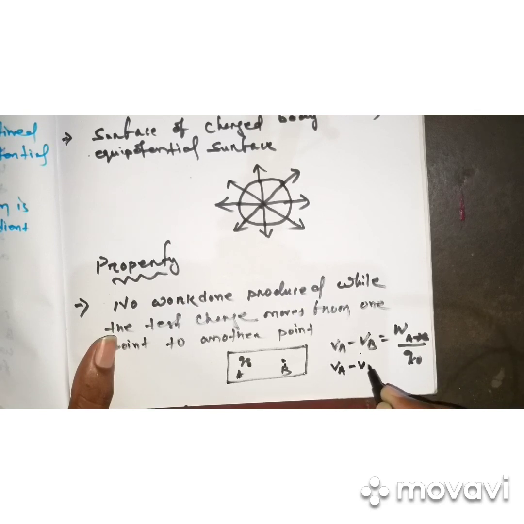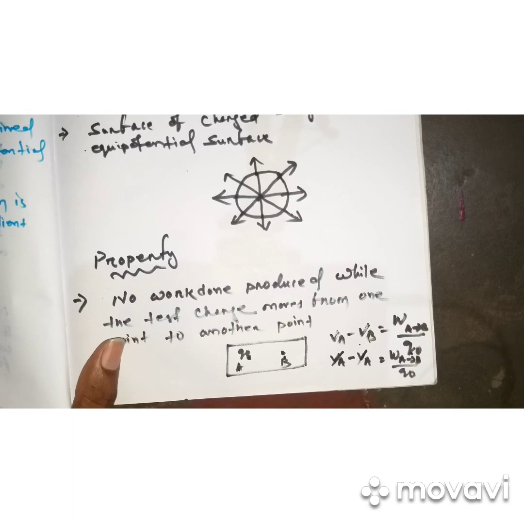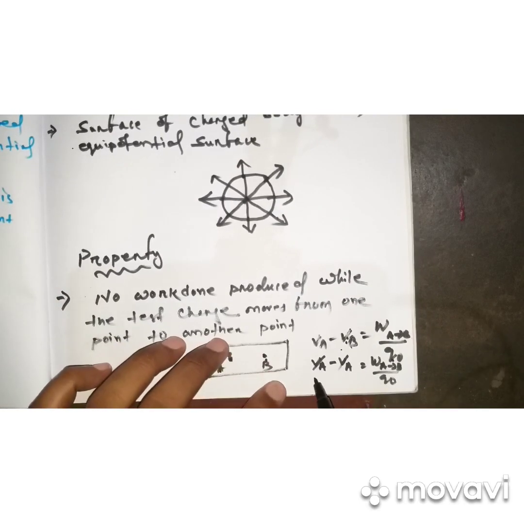So VA minus VB equals W A to B divided by q naught. Here VA cancels out with VB, because the surface behaves as an equipotential surface. So 0 equals W. So work done is equal to 0.